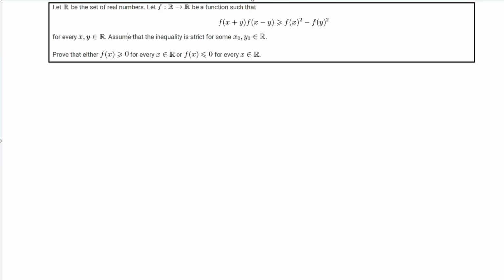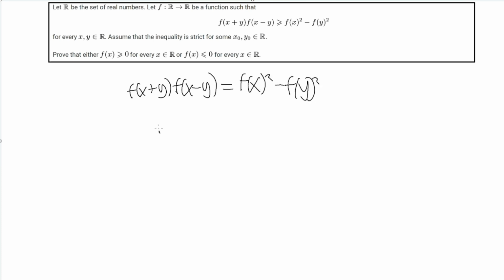So the one thing that stands out the most is this condition here. So why is this special? Well, if the problem condition did not hold true, that means that the inequality was never strict. Then we have f of x plus y, f of x minus y is equal to f of x squared minus f of y squared.